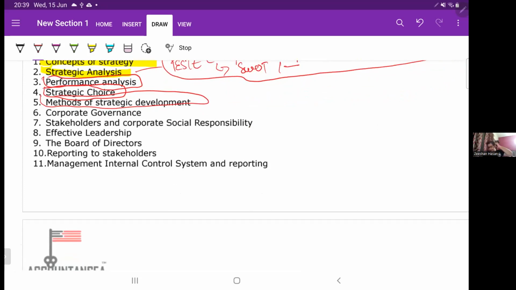Then we will move to the next area, which is management, internal control system, and reporting. So, what are the internal control systems? Understanding the entity and its environment, control activity, control environment, monitoring, IT controls and systems.